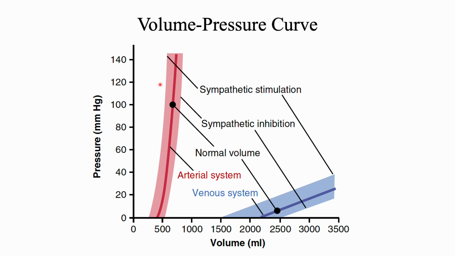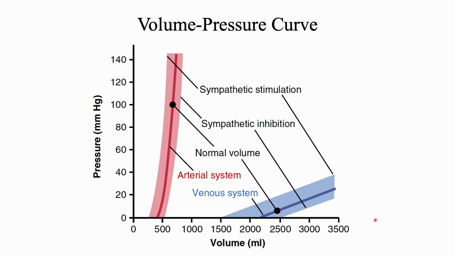For example, there was 700 mL per 100 millimeter mercury in the normal situation, whereas with sympathetic stimulation, there will be only about 300 mL at 100 millimeter mercury.